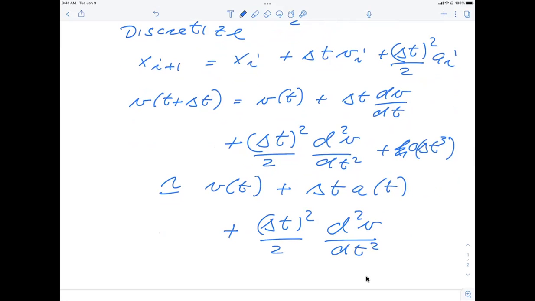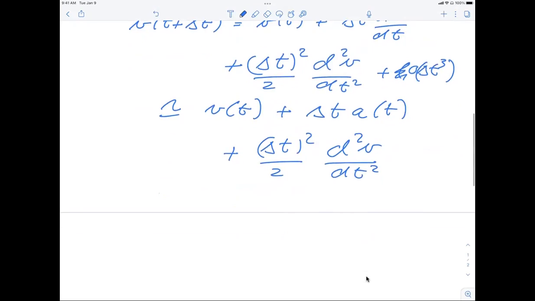Now, this is something we don't have. We don't have an expression for that. So this would be the derivative of the acceleration with respect to time. Yeah? That's sometimes called the jerk. Yeah, that's correct. But when we don't know something, if you now look at the last term, the second derivative of velocity, this term here is actually the first derivative of the acceleration, right?